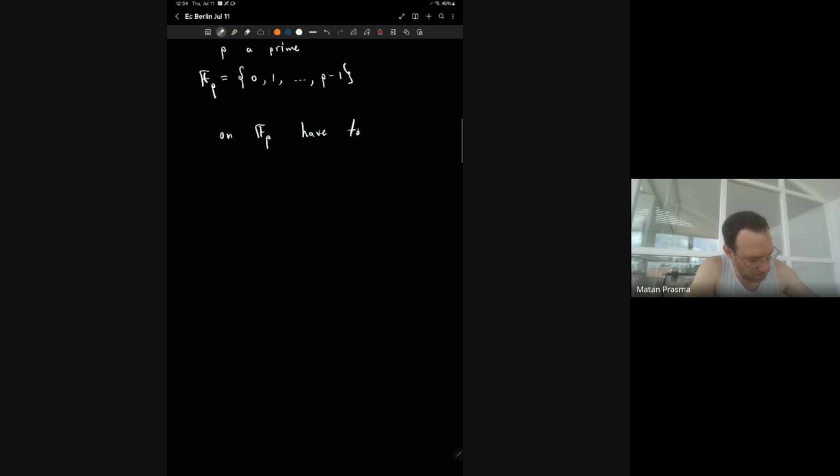If I take a prime number p, and I take all the numbers up to p minus 1, I will call this thing Fp, and on Fp we have two binary operations: addition modulo p and multiplication modulo p.